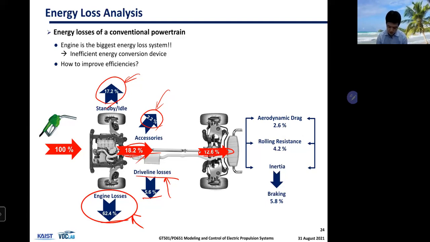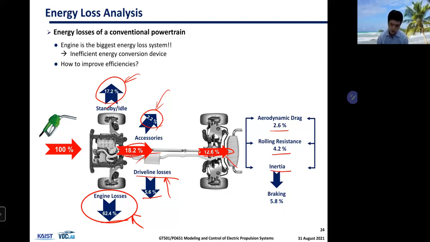And if you look at how this 12.6% energy is used or consumed, there is aerodynamic drag. We can avoid that. There's rolling resistance from tires and everything. And then there's inertia.